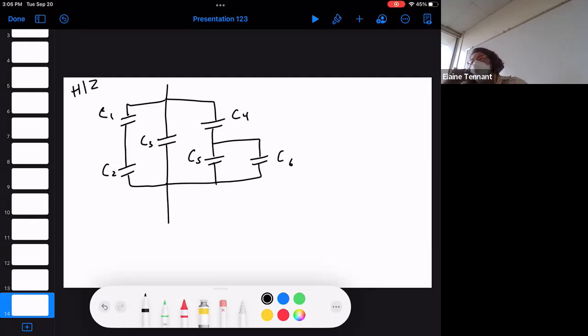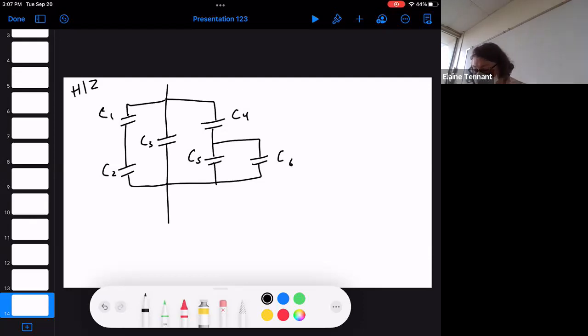I like the no. So given that definition, are C4 and C5 in series? No, right? Are they in parallel? Do none of the charges that go through C4 also go through C5? No. Okay, so this is one of the situations where two capacitors might not be completely in series and might not be completely in parallel.